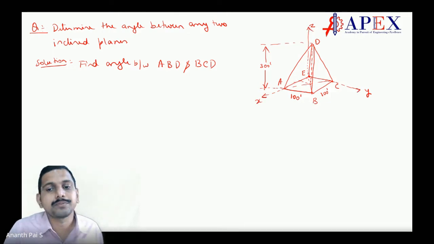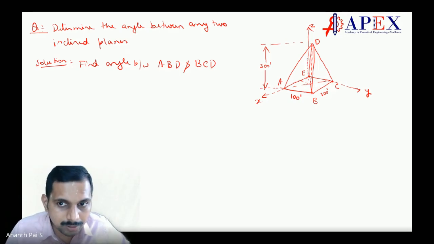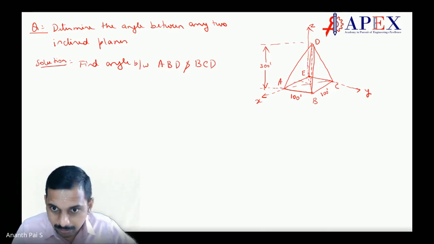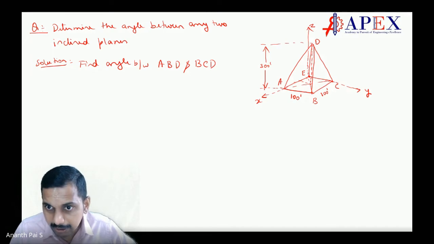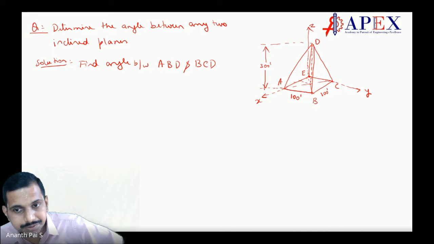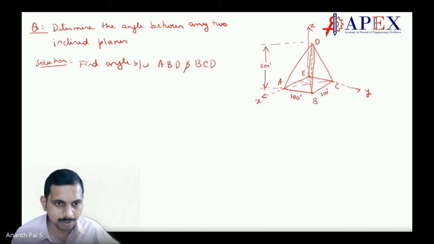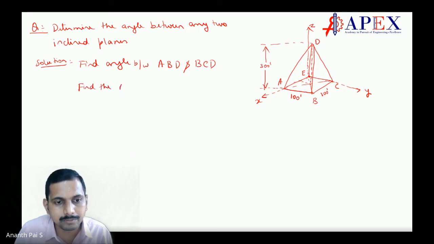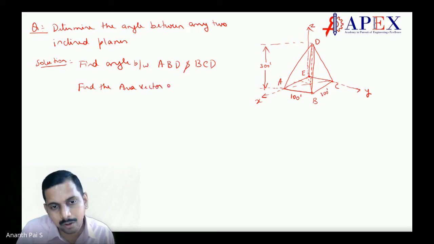Now tell me, how to find out the angle between ABD and BCD. Can we do it, students? How to find out? First of all, the way is to find the area vector of ABD and BCD.